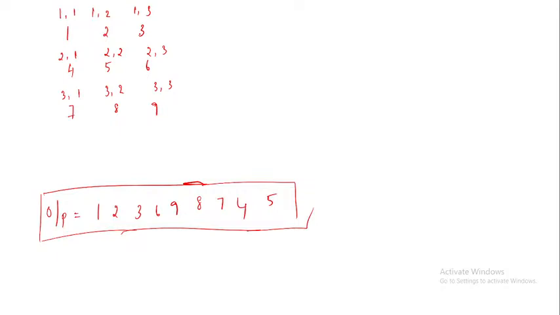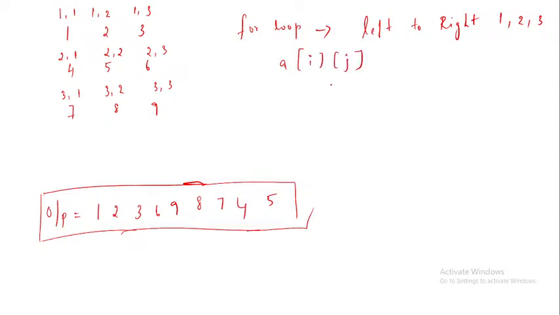See here, I'll be making use of 4 for loops. The first for loop is used to print from left to right. So from left to right in the sense 1, 2 and 3 will get printed, right? So here if you see the index position, let me take A of I and J, where I represents a row and J represents a column. So I value is constant here, right?